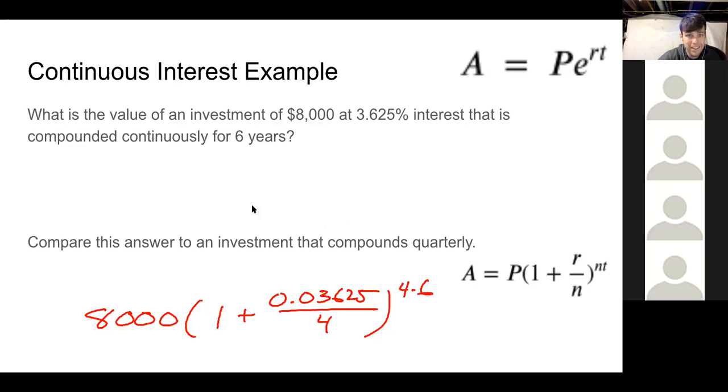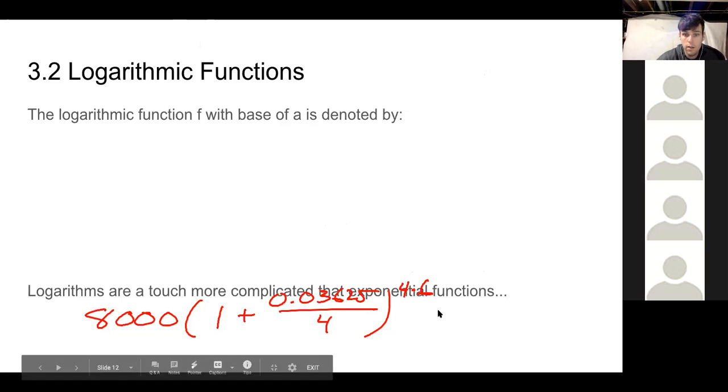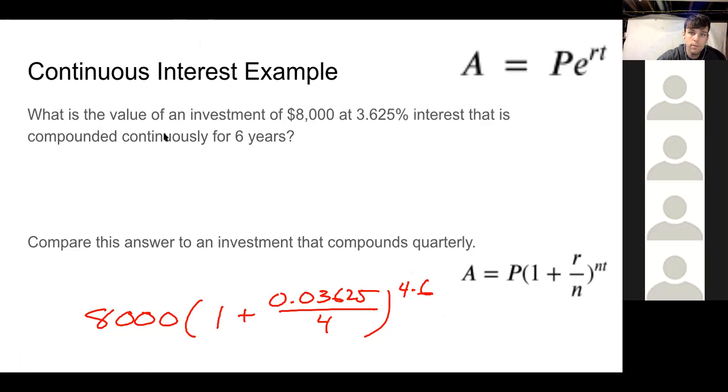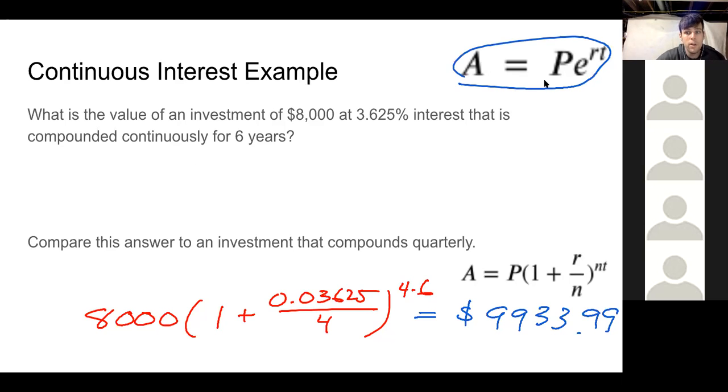I got that this calculation was around $9,933 and 99 cents. This is actually a simpler formula. It's a lot less to it. So let's do the continuous interest.